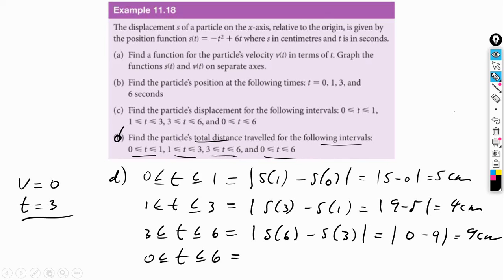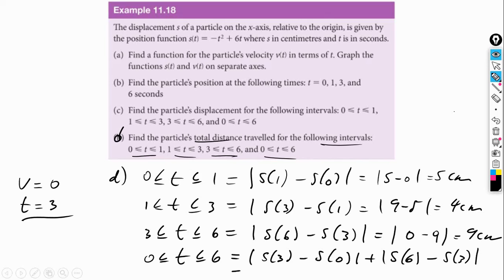That means that we would have to do first the absolute value of the displacement between 3 and 0 seconds, so S of 3 minus S of 0. But we also have to add the displacement between 3 seconds and 6 seconds, so S of 6 minus S of 3, and always the absolute value of this. This is very important because there's a change in direction. Otherwise, we would get false results, right?